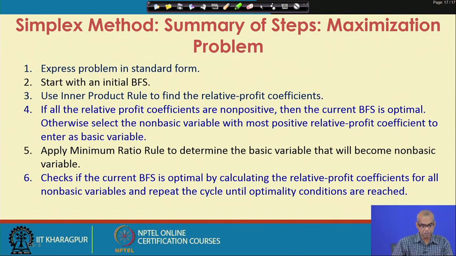And after this, we will check if the current basic feasible solution is optimal by calculating the relative profit coefficients for all non-basic variables. If the relative profit coefficients for all non-basic variables are less or equal to 0, then you have optimal solution. Otherwise, we will repeat the cycle until optimality conditions are reached.